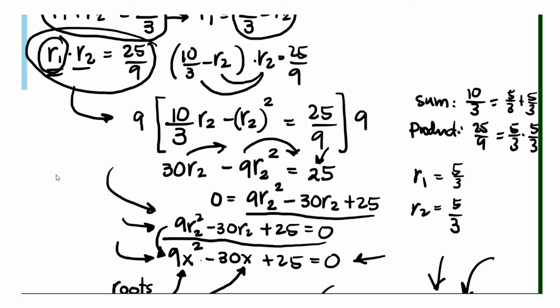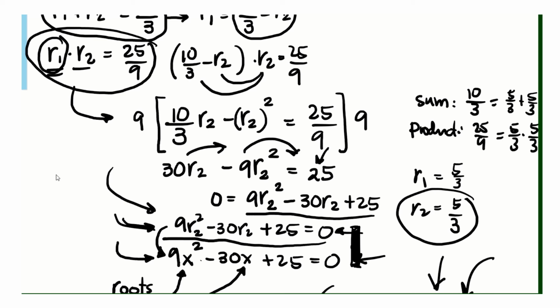Now even if you continue solving for this, if you factor this, it will actually give you R2, which is equal to 5 over 3. From here there are many different steps that you can take already. But again, going back to the objective, the first objective was to find the equation.